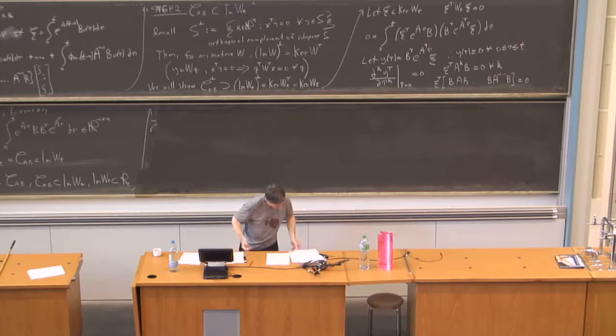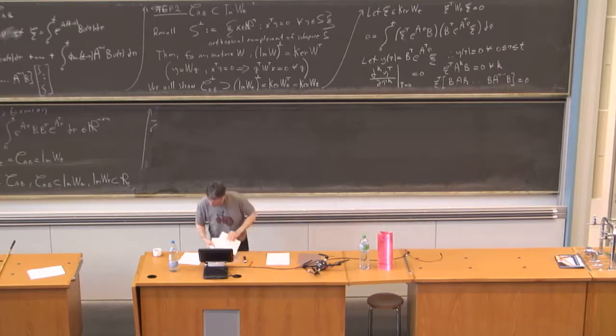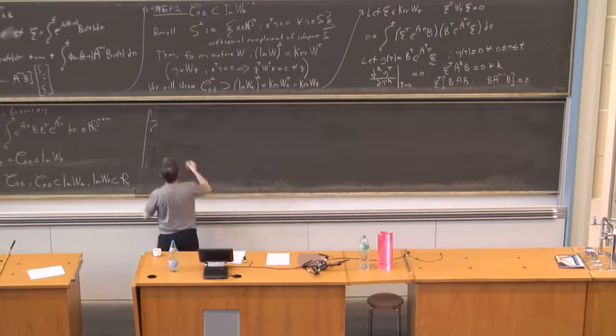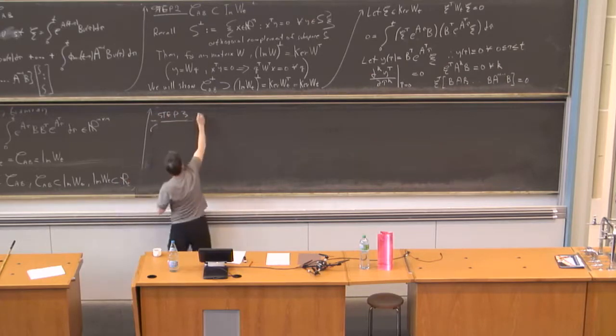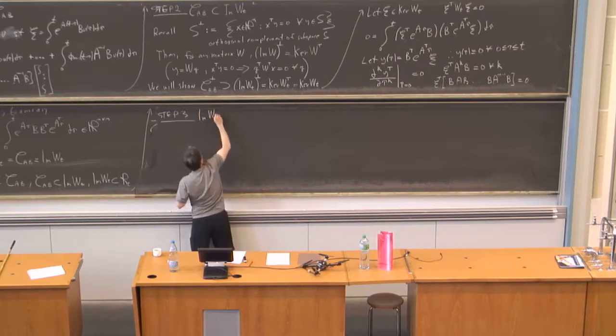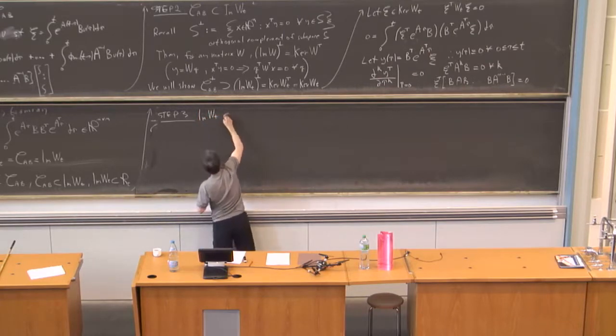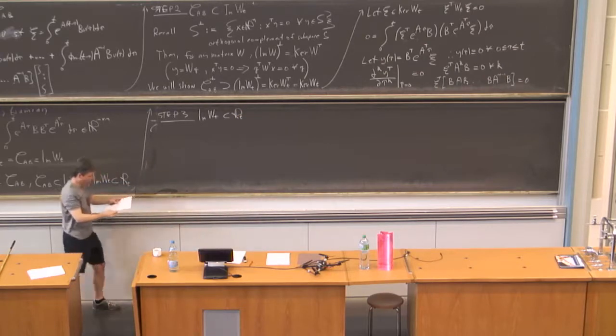So let's see. Step 3, I want to show that the image of W sub t is contained in my reachable space R sub t.